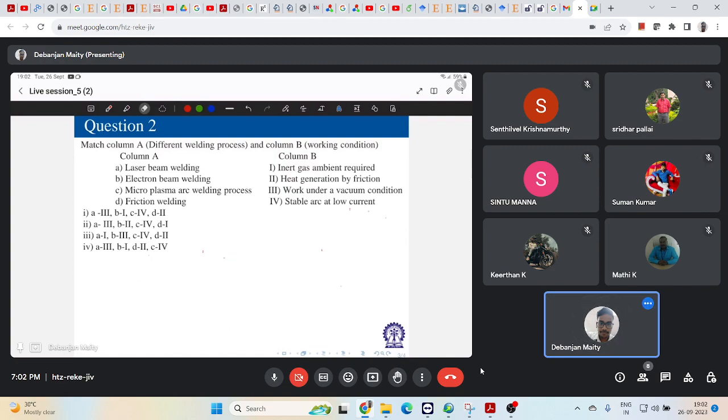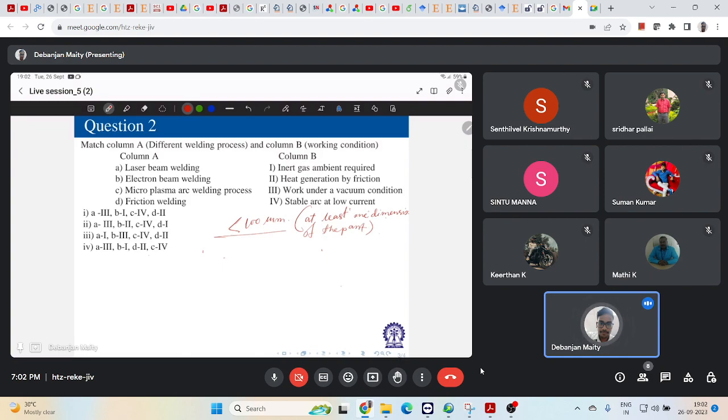Before that, in laser micro welding, as I was saying, at least one dimension of that part should be less than 100 microns. That's how basically you can define it, but not always.